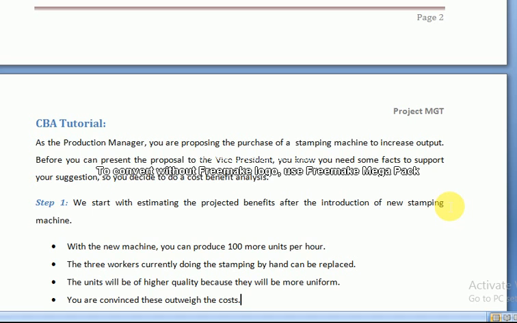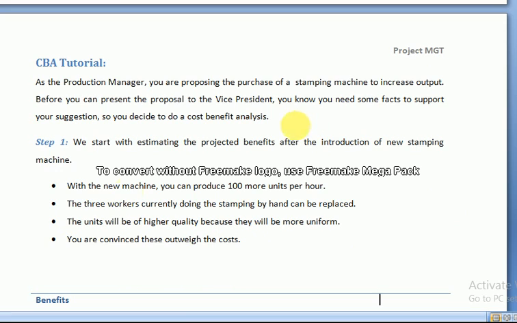Look, with the new machine, you can produce 100 more units per hour. In a per hour, your production will increase by 100 units. Like if before you produced 500 units in 1 hour, now you will produce 600 units per hour.